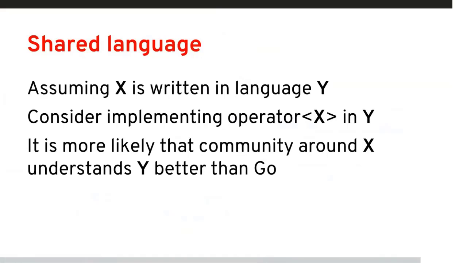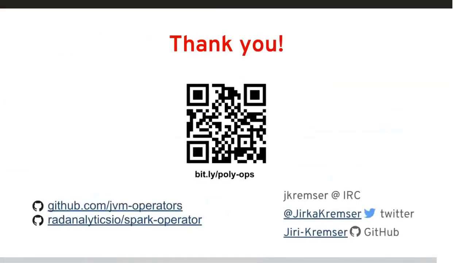So for instance, Spark is written in Java/Scala, so it may be good to use the same language for writing the operator for the system, because you may find experts from system X also to contribute to the operator. Yes, that was my point. And thank you for listening and watching.